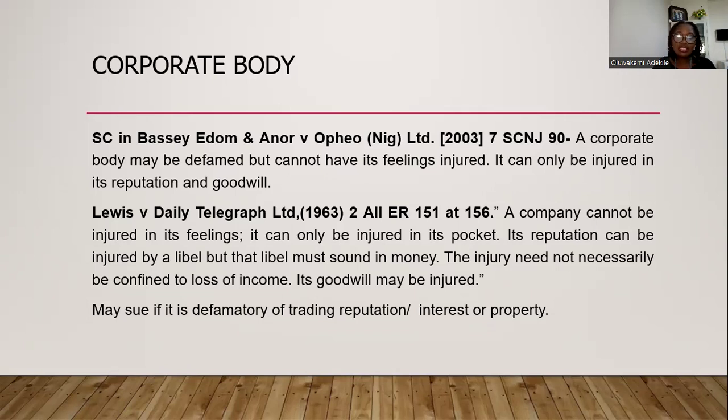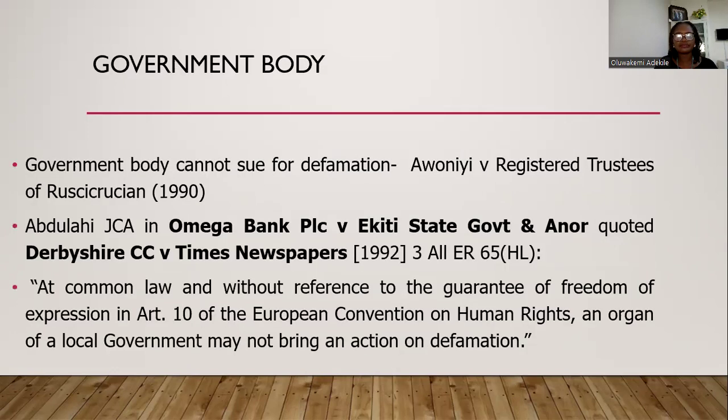So if it results in damage to trading reputation, interest or property, how do you assess that? You would see that people may refuse to interact with it, to buy its goods and services. Those are the ways in which a corporate entity may bring an action in defamation.